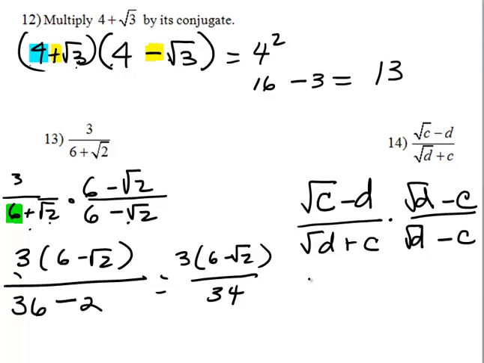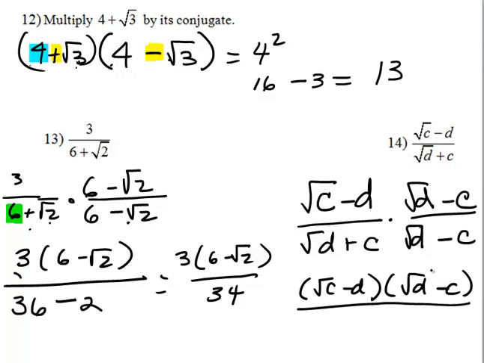In the next version, I have the square root of c minus d times the square root of d minus c. I'm going to leave that as it is. And then here, I'm going to square the first term, so it's d. And then I'm going to square the second term, so it's minus c squared. And that is as good as it gets.